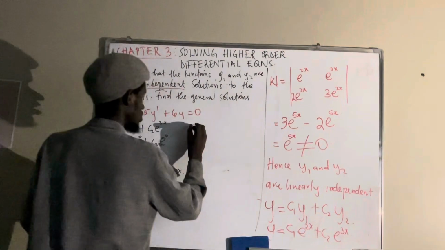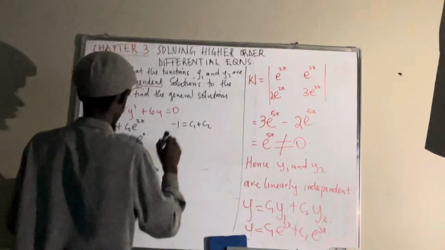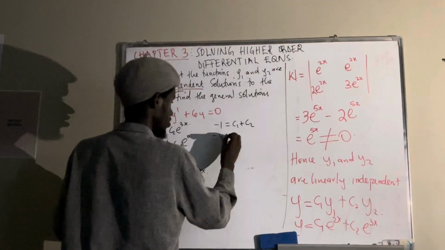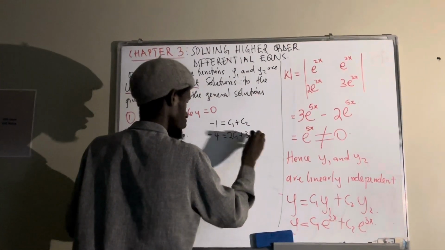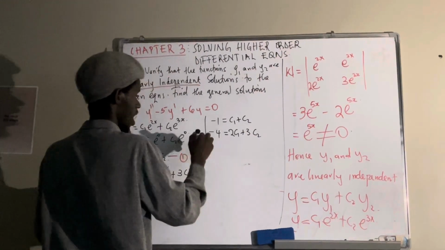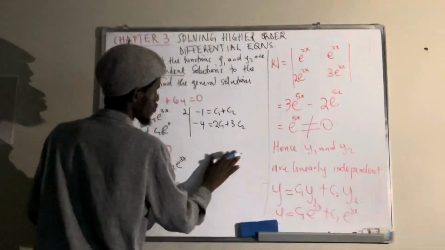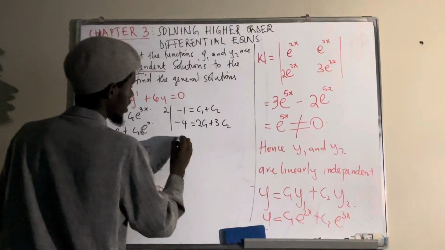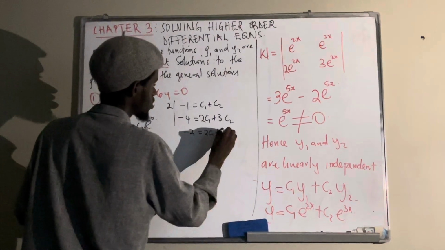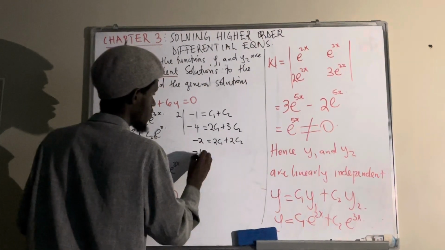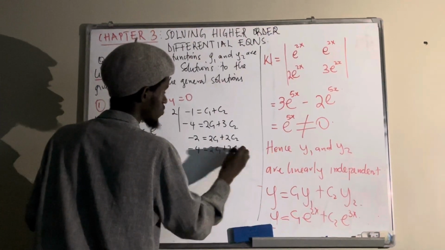I have negative 1 equal to C1 plus C2, and negative 4 equals 2C1 plus 3C2. Using elimination, I multiply 2 times the first equation. I have now two equations in this format: negative 2 equal to 2C1 plus 2C2, and negative 4 equal to 2C1 plus 3C2.